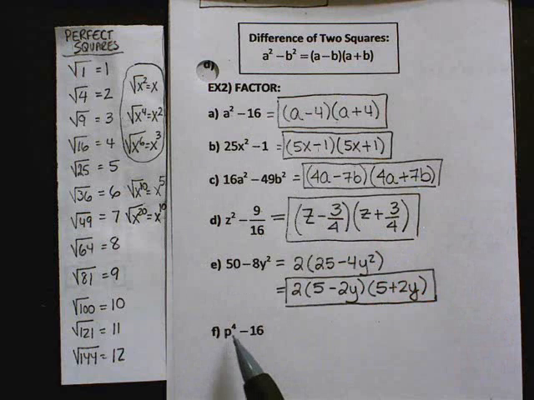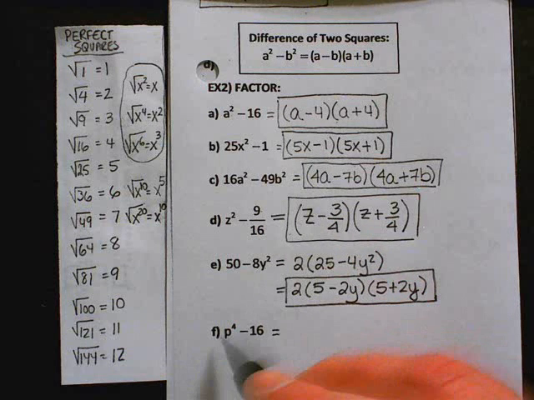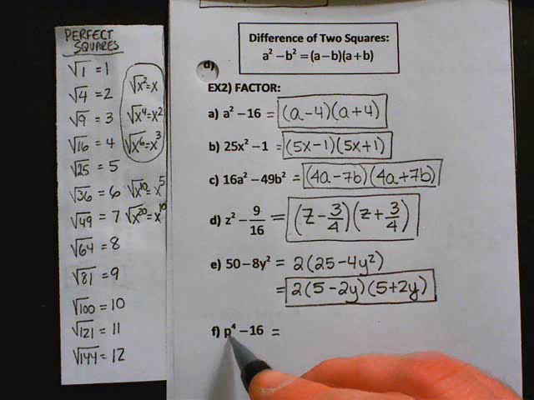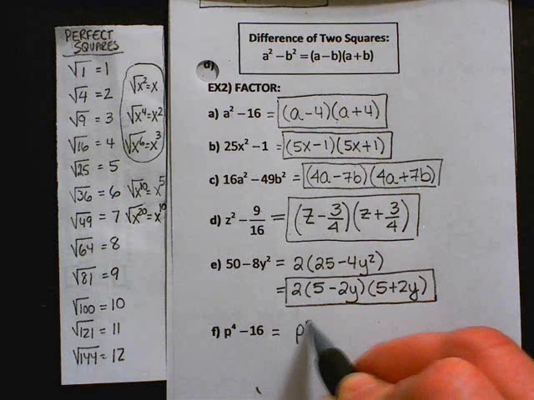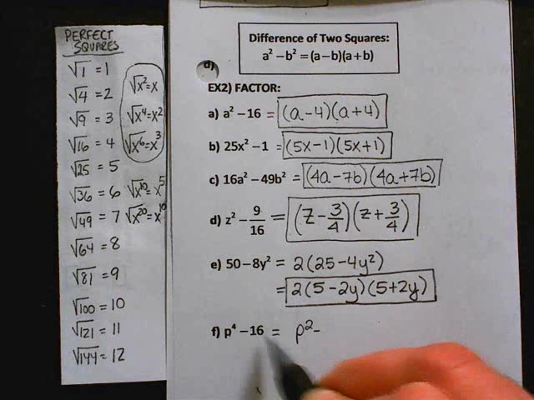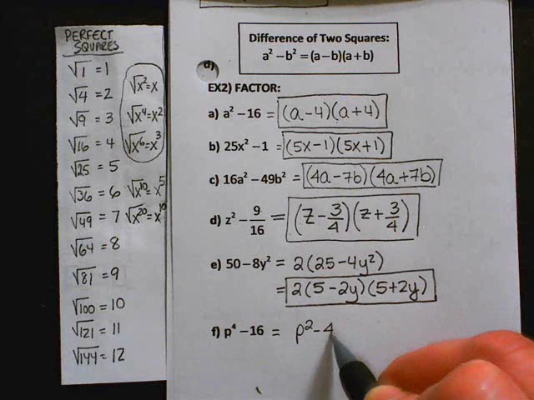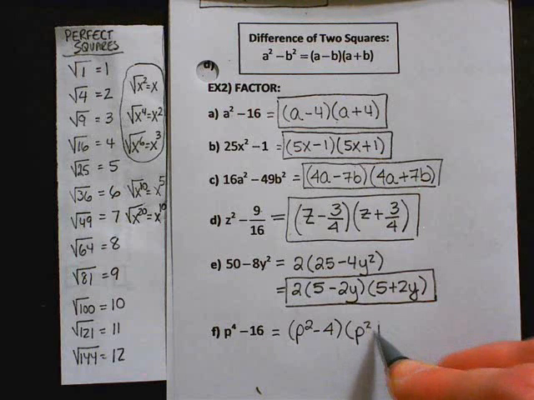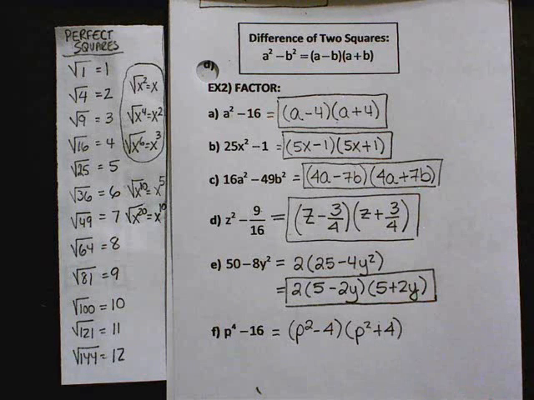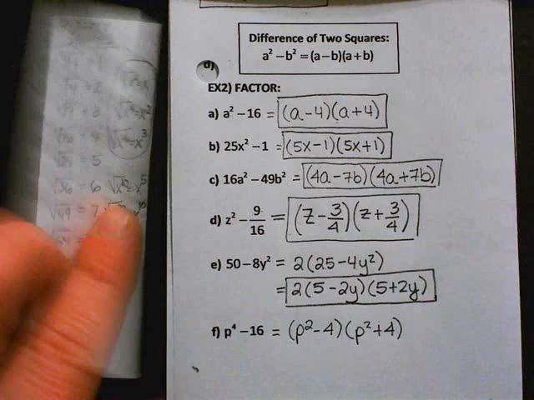The square root of p to the 4th is p squared minus square root of 16 is 4. And then the second parenthesis would be p squared plus 4. Okay?